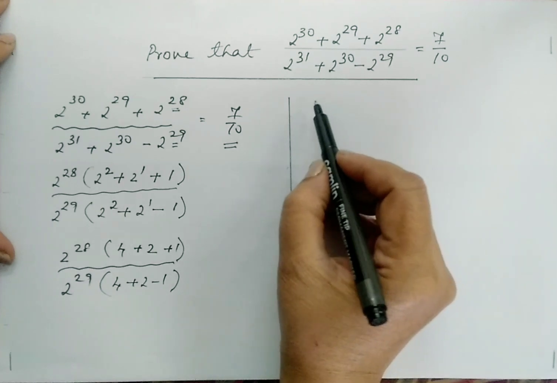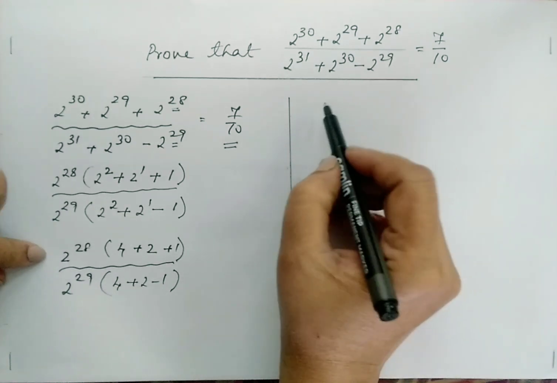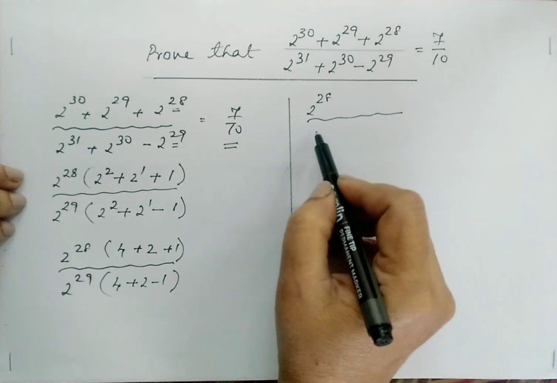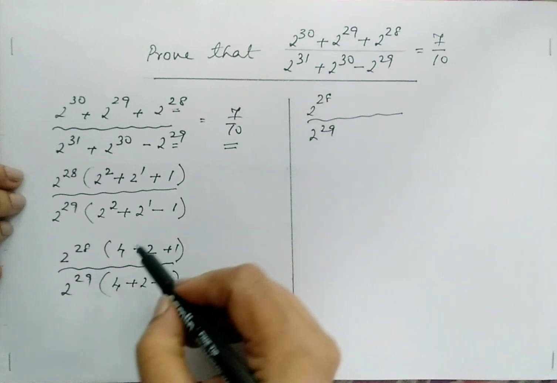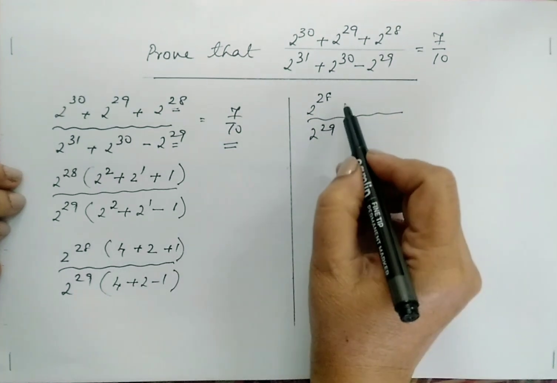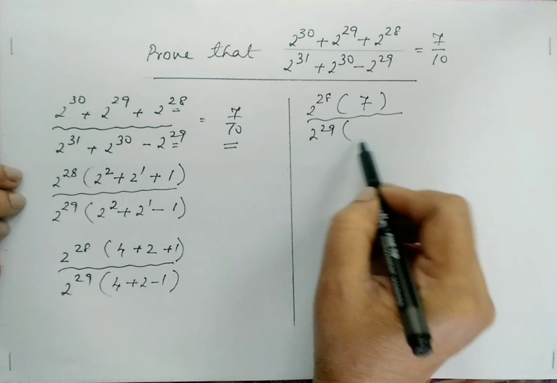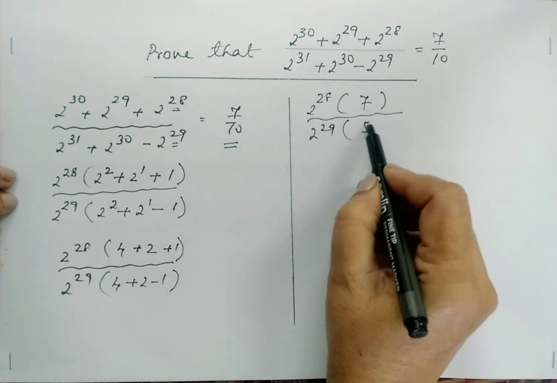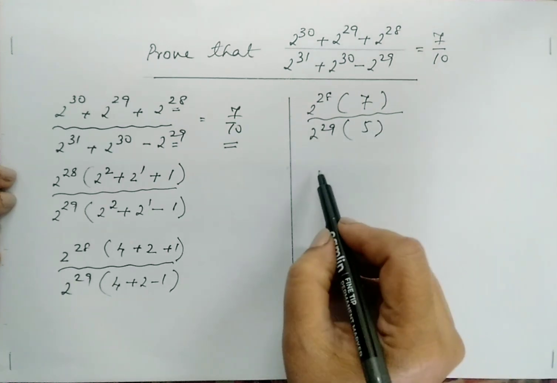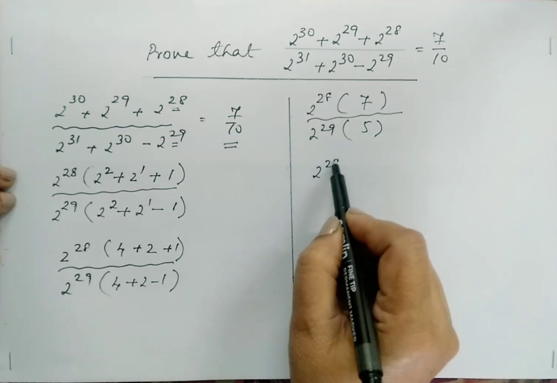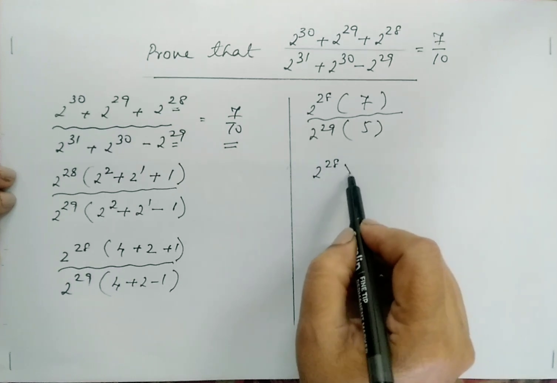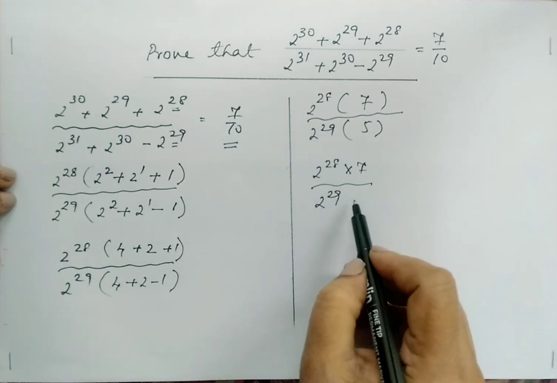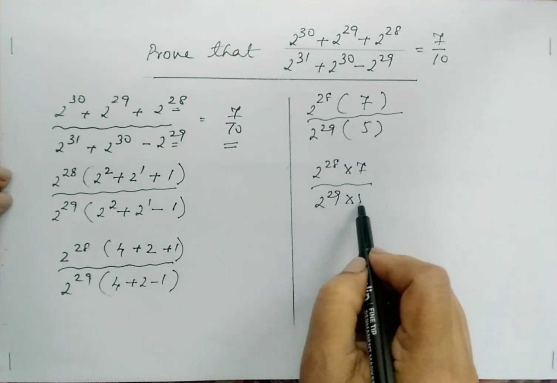Further, we'll copy this. 4 plus 2 plus 1 is equal to 7. And here 4 plus 2, 6 minus 1 is equal to 5. Which means 2 to the power 28 multiplied by 7, and here 2 to the power 29 multiplied by 5.